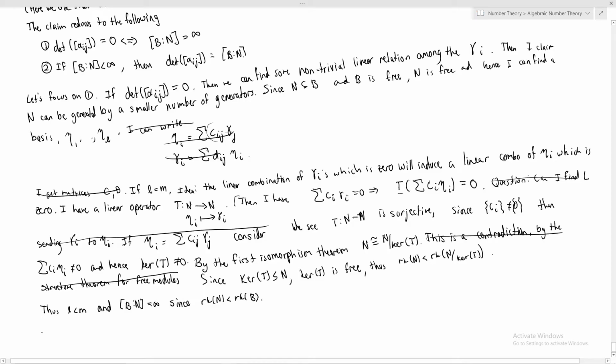So let's suppose this index were infinity. Then what happens?